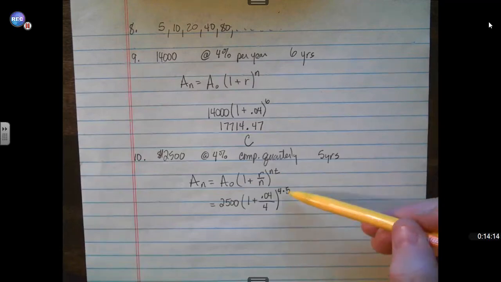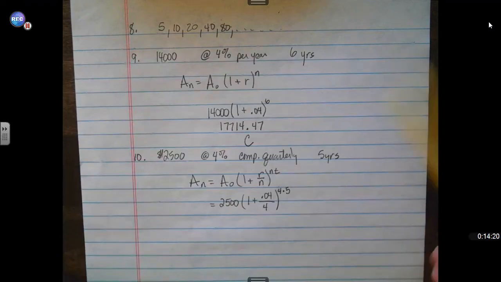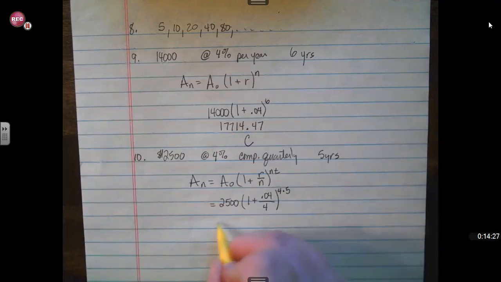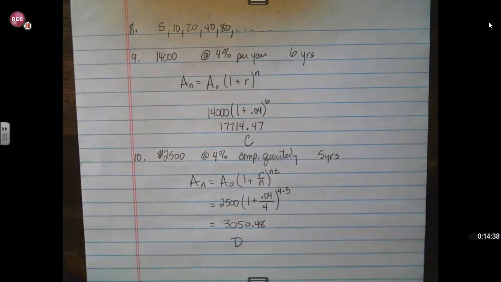So you either need to put this in parentheses, or I would just do that math in my head. 4 times 5 is 20. So I would raise this to the 20th power and work it that way. When I did this, I got 3,050.48. It also is a multiple choice question, and D is the correct response there.